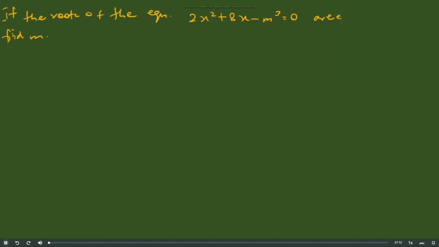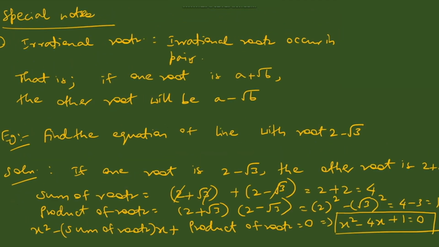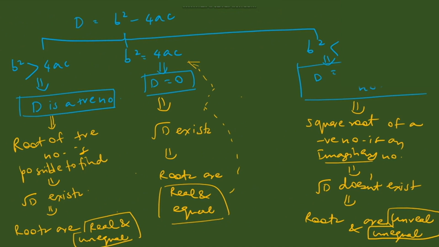Let's take a question. If the roots of the equation 2x square plus 8x minus m cube is equal to 0 are equal, find m. If the roots are equal, we know that b square is equal to 4ac.